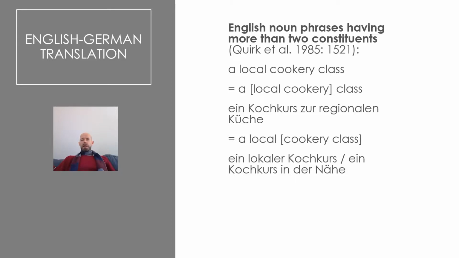It could be a class on or about local cookery, so ein Kochkurs zur regionalen Küche, or it could be a cookery class that is local, that takes place locally, in other words. So that would be ein lokaler Kochkurs or ein Kochkurs in der Nähe. Usually this kind of problem is resolved by looking at the context.